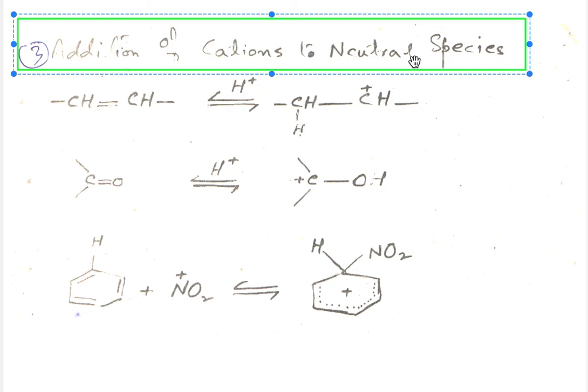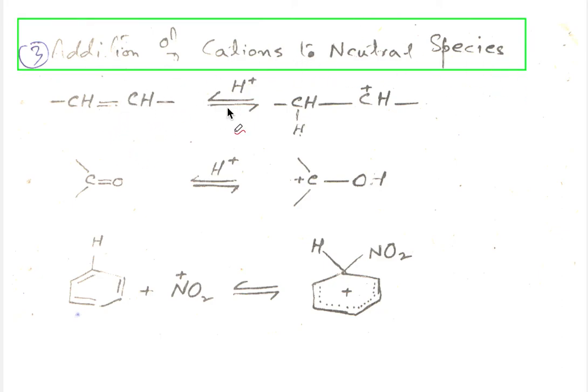In this case, you can use cations other than carbon to produce carbocations. Like here, we have a proton as a cation that can react with olefin. Olefins are electron-rich species, producing a carbocation here.